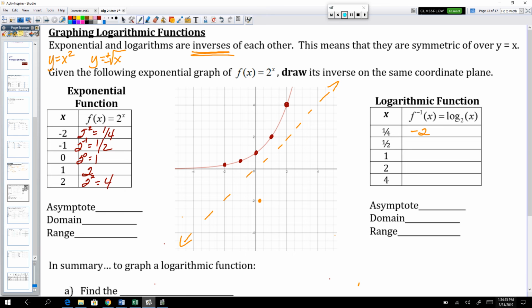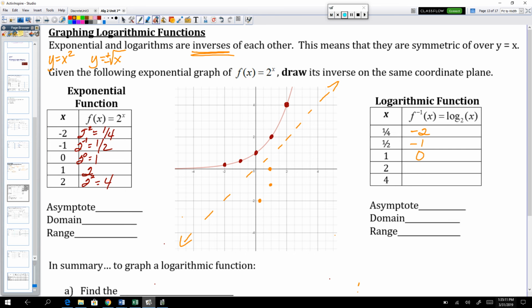If negative 1 comma 1/2 is on the exponential, 1/2 comma negative 1 is on the logarithmic. So 1/2 negative 1. If 0 comma 1 is on the exponential, 1 comma 0 is on the logarithmic. 1 comma 0. Oh, did I mess up?